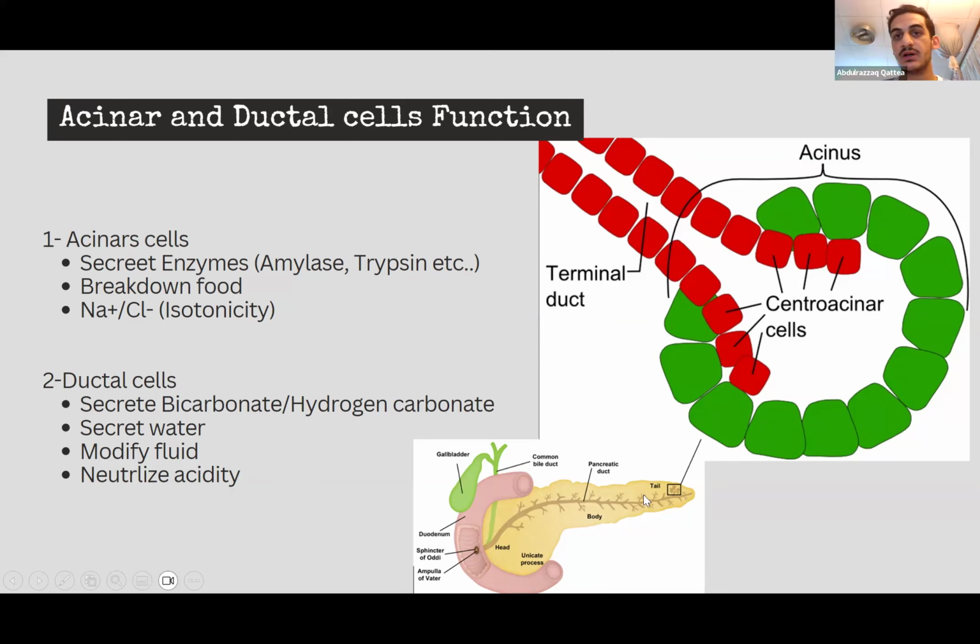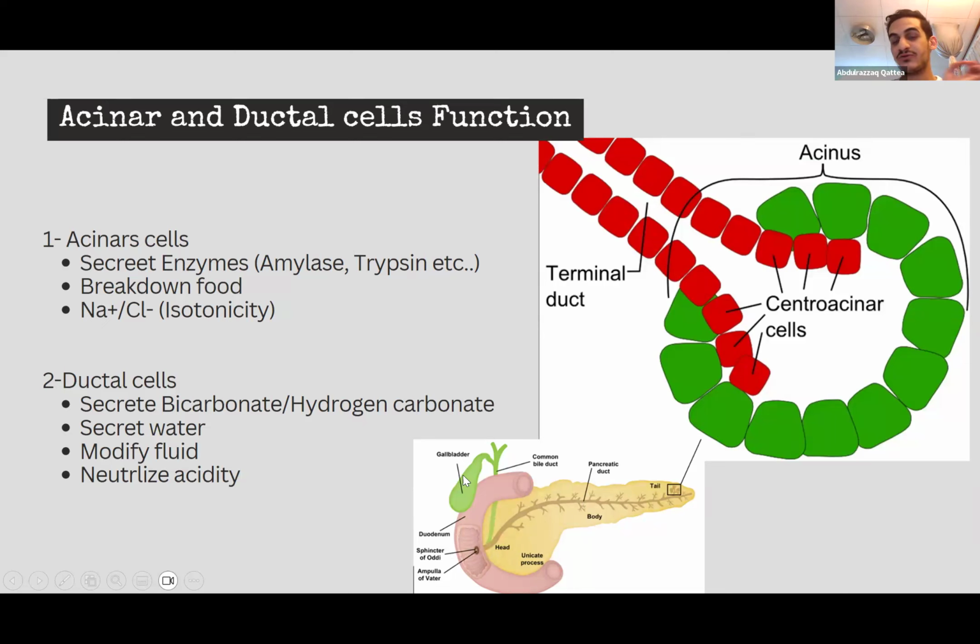If you look at this picture down here, this is the pancreas. This is the exocrine gland, and then we have the pancreatic duct, which empties into an opening called the ampulla of Vater. This ampulla has a sphincter. A sphincter is basically a muscle, controlled by smooth muscle, so it opens and closes depending on need and secretions.